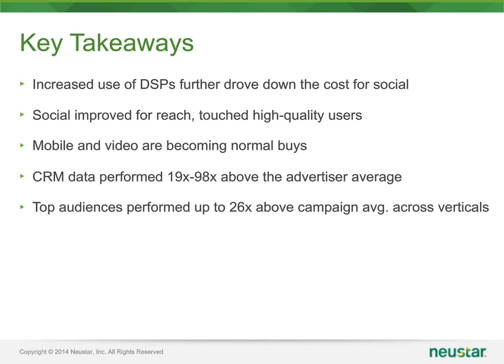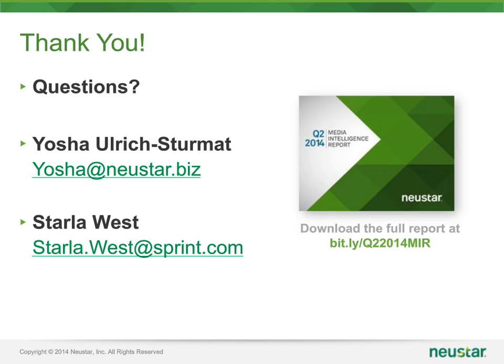The way you execute on it is that ultimately you go through building audiences. We overlay performance data on these attributes that Starla mentioned. It starts, imagine, from your CRM data file, and you know which attributes you would like to target.